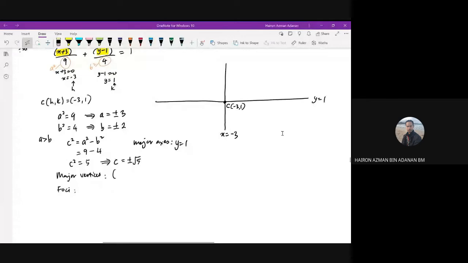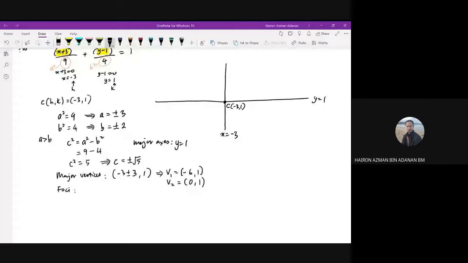So the center is negative 3, you plus minus a. A is 3. So now we calculate. The first vertex is negative 3 minus 3, which is negative 6, 1. And the second vertex is negative 3 plus 3, which is 0, 1.